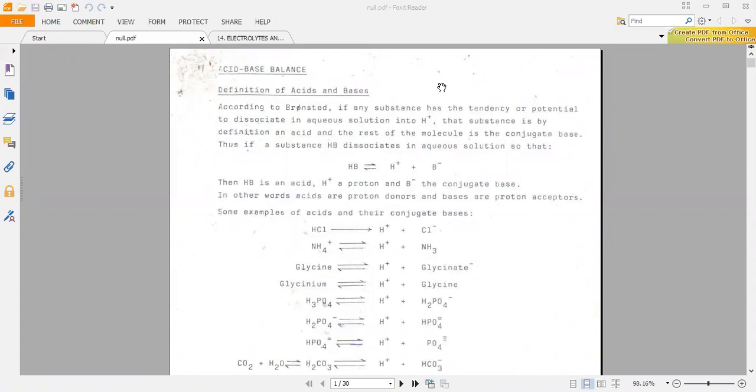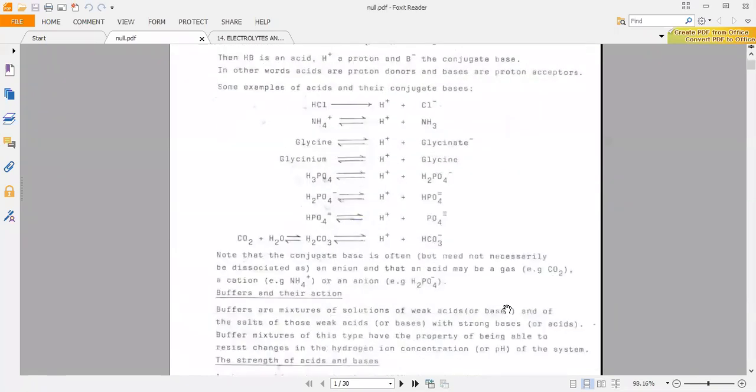Now when we take the human system, some of the acids that we are going to meet are HCl, and NH4 plus, and then certain amino acids too, and most importantly the phosphate acids, as well as this important acid, the bicarbonate acid.